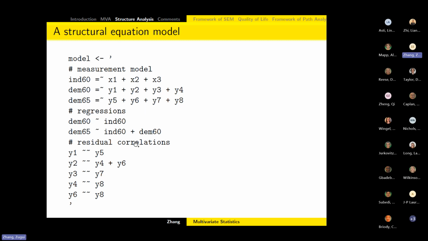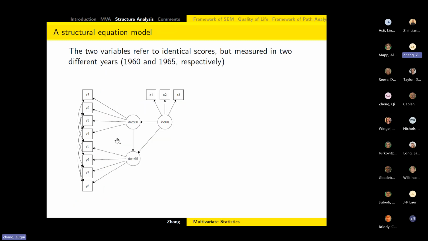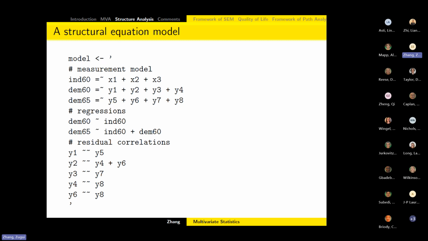So this is a structural equation model for this structure, which means when we use structural equation modeling, we can explore this complicated relationship by using the measurement model, regression, and also the residual correlations.